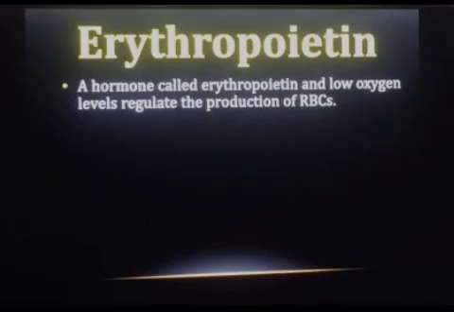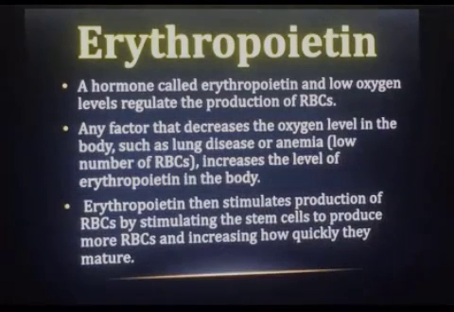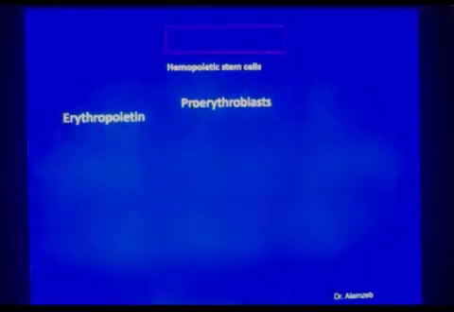Erythropoietin is a hormone which is produced by low oxygen tension and produces red blood cells. Any factor that decreases oxygen level in the body, such as lung diseases or anemia, or a low number of RBCs, increases the level of erythropoietin in the body. It then stimulates the production of RBCs.